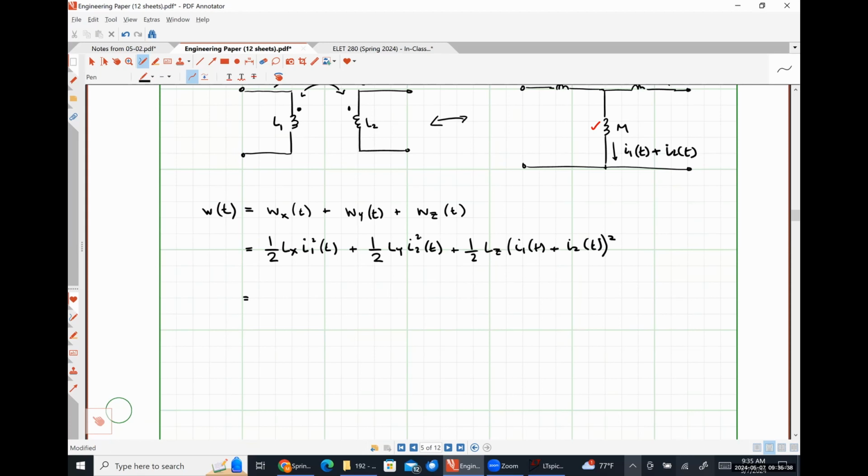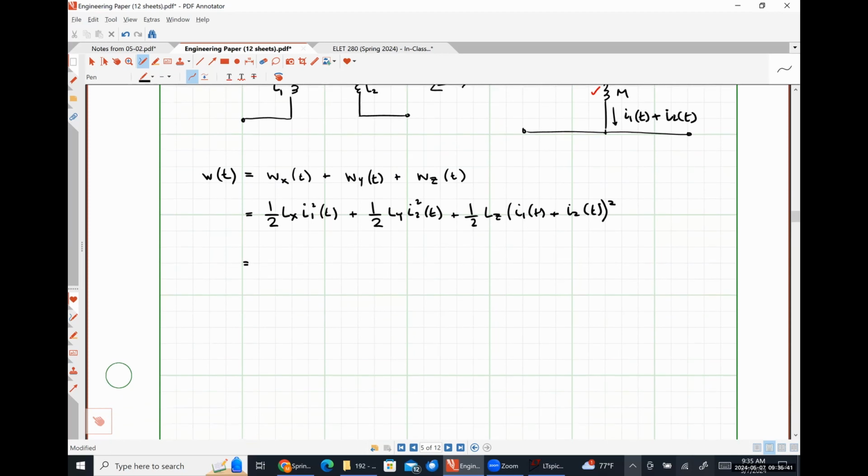We have 3 inductors, 3 different currents. Yes. So this is going to look like 1/2 L1 minus M times I1 squared plus 1/2 L2 minus M times I2 squared plus 1/2 M times I1 squared plus twice I1 I2 plus I2 squared, like so.